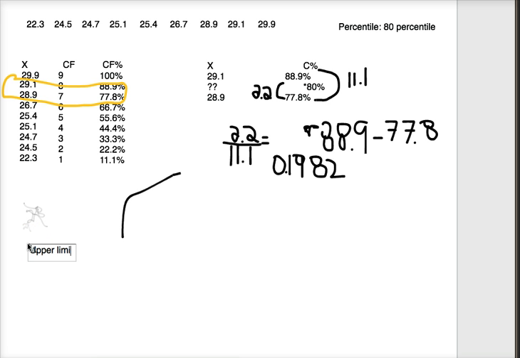This is the upper limit of the lower number. We simply took this number here and just found the upper limit of that one. We also need to know the upper limit of the highest number. That here is the 29.1, so the upper real limit of that is 29.15.